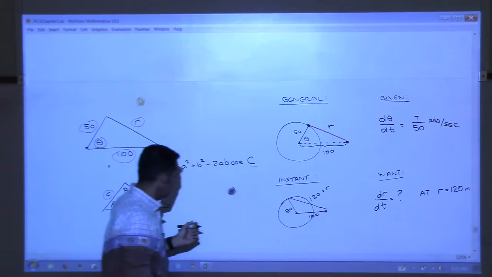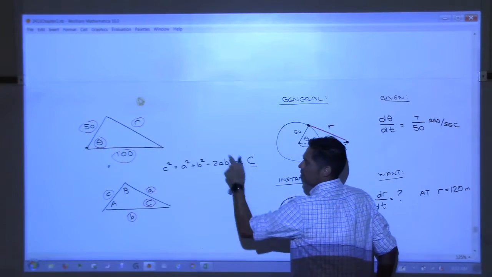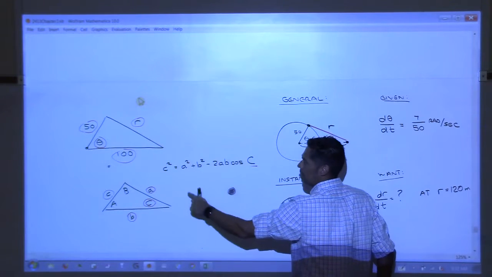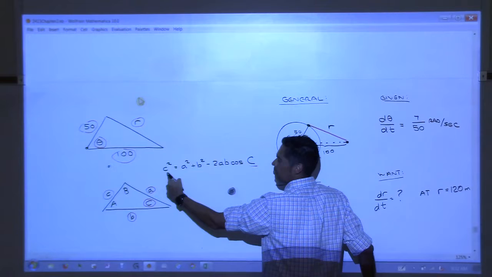So let's try and write the law of cosines formula using that picture instead of this one. What would you want to use for little c here? That's going to be our little r.